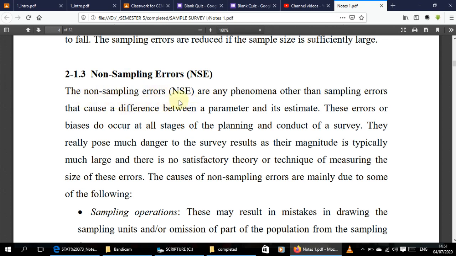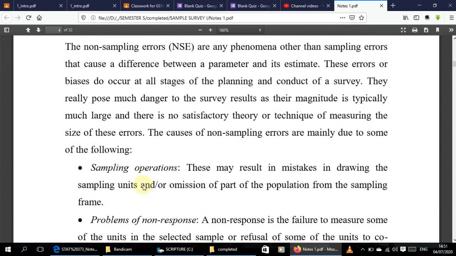So non-sampling errors are any phenomena other than sampling errors that cause a difference between a parameter and its estimate, okay. These errors or biases do occur at all stages of the planning and conduct of a survey. They really pose much danger to the survey. As a result, their magnitude is typically much larger, and there is no satisfactory theory or technique for measuring the size of these errors, okay.